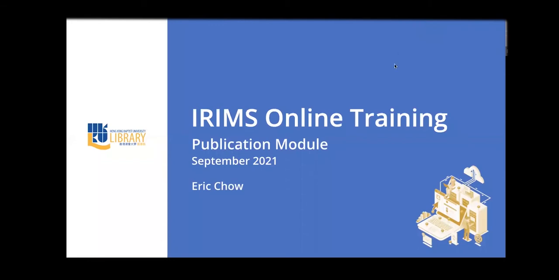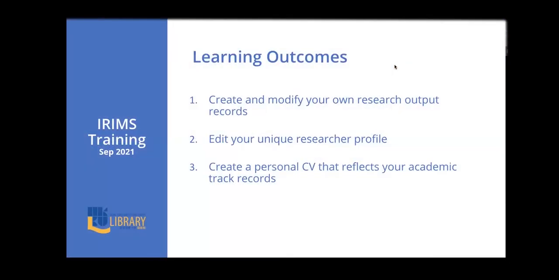What are the learning outcomes for today's workshop? By the end of this workshop, you should be able to create and modify your own research output records on IRIMS. You should be able to edit your unique researcher profile, and you should also be able to create a personal CV that reflects your academic track records.